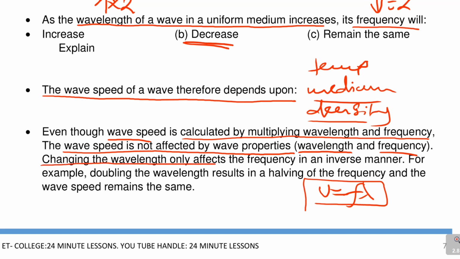Changing the wavelength only affects the frequency in an inverse manner. So if you change the wavelength, frequency will also change. For example, doubling the wavelength results in halving the frequency, and the wave speed will remain the same. So the only thing that will affect wave speed is the medium. Okay, so don't forget that.